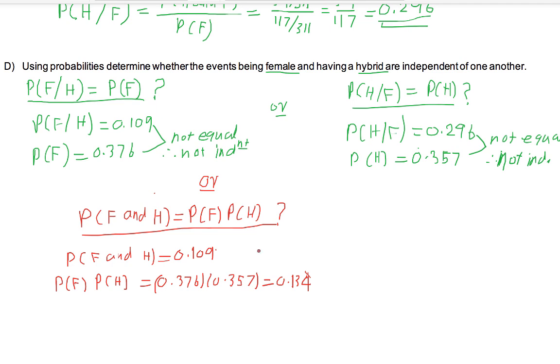Okay, you see this and this are not equal, therefore these two are not independent.